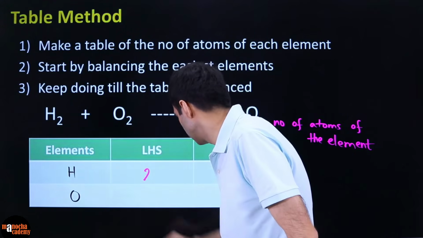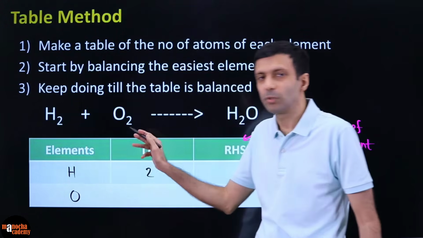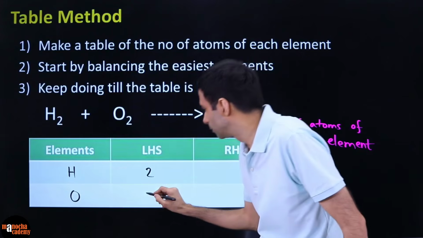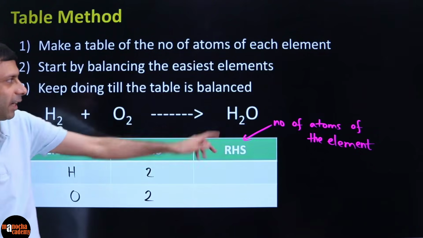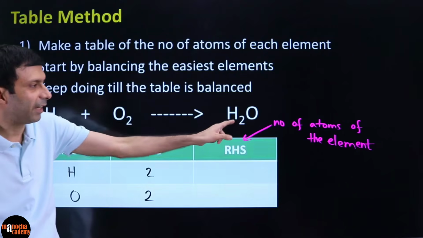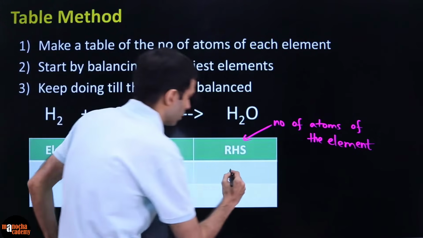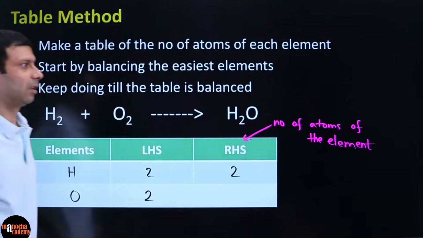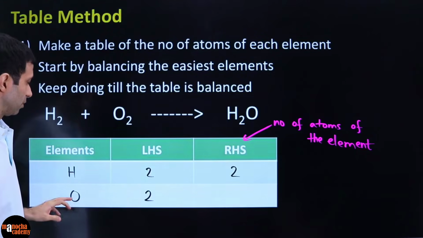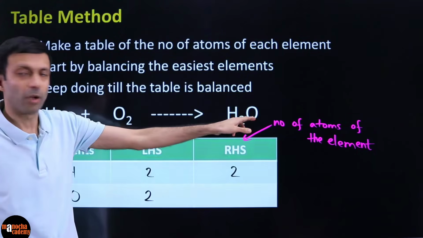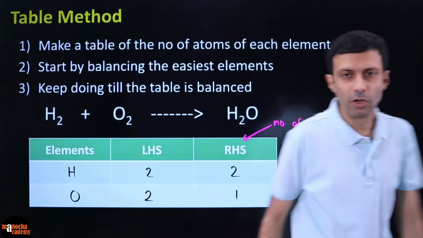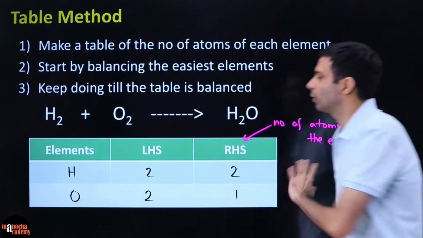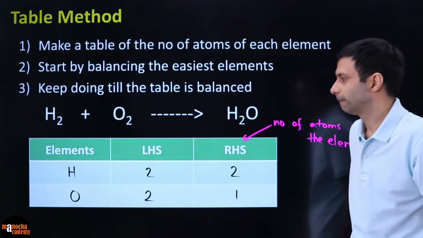So let's put that down. How many oxygen atoms on the left? Again 2 atoms. How many hydrogen atoms on the right side? H2O is containing 2 atoms of hydrogen. So I'm going to put that here, 2. How many oxygen atoms? Water molecule has only 1 oxygen atom, 1. Very good. So everybody please make that table, and you can see it's a nice easy visualization.